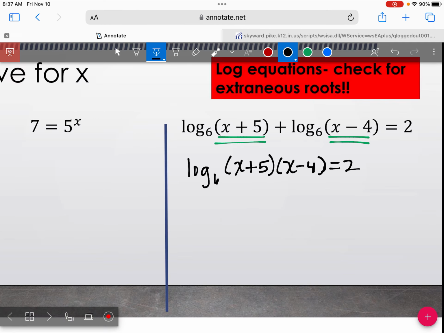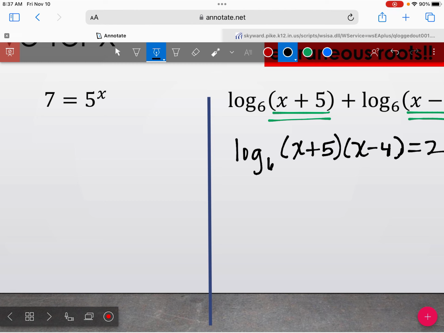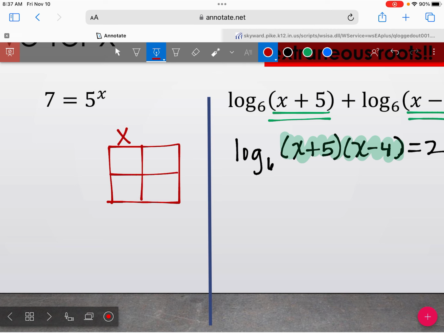All right, so let's go ahead and make a box. I'm going to do it over here because we need to multiply these together. So make your box, multiply the x plus 5 times the x minus 4.